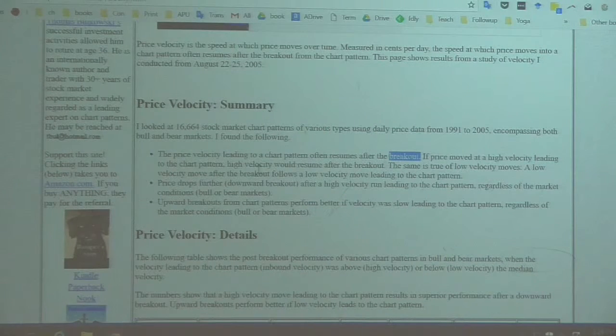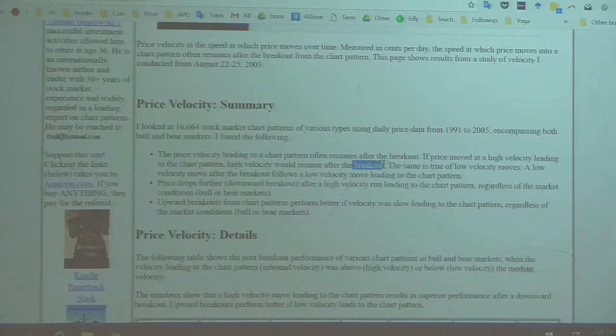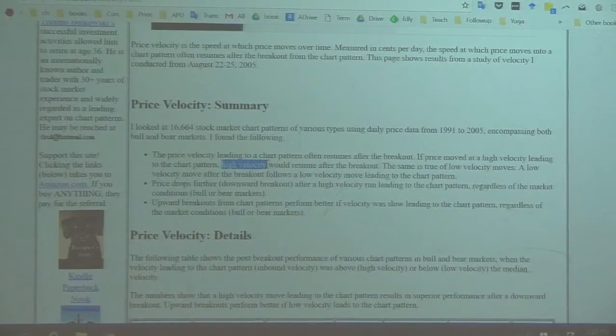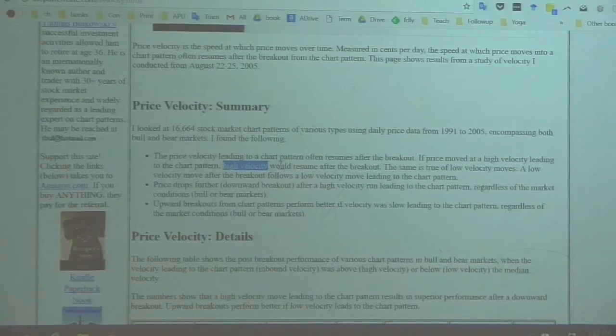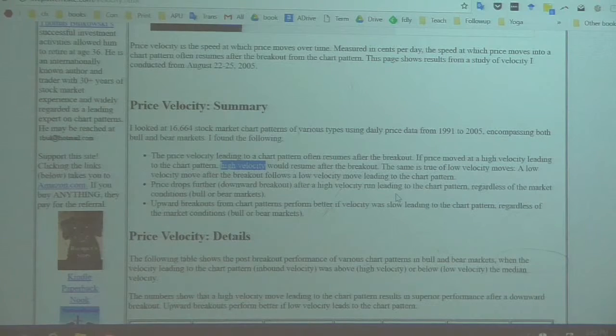I don't know what they mean by the breakout, but he's saying that if there was a high velocity in the price before the breakout, then you can expect a high velocity after the breakout too. But does he mean positive velocity or any velocity? I'm not sure. Price drops further on a downward breakout after a high velocity run leading to the chart pattern, regardless of the market conditions.